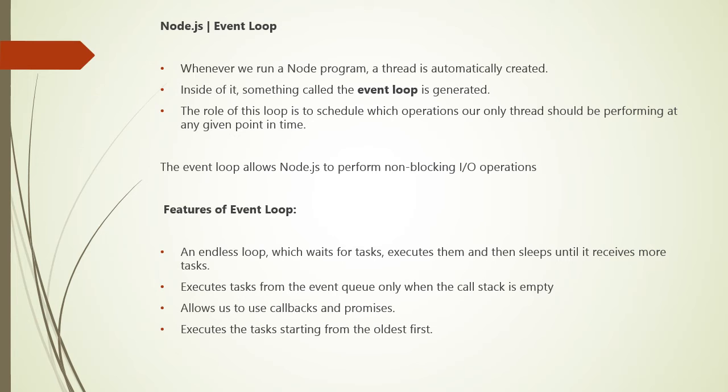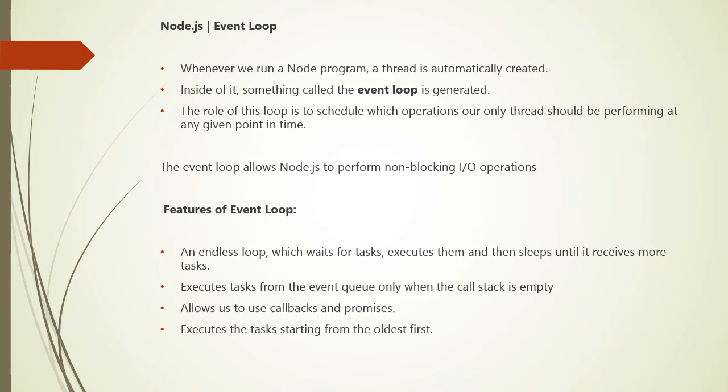It is done by assigning the operations to the operating system whenever and wherever possible. Most operating systems are multi-threaded and hence they can handle multiple operations executing in the background. When one of these operations is completed, the kernel tells Node.js and the respective callback assigned to that operation is added to the event queue, which will be executed.